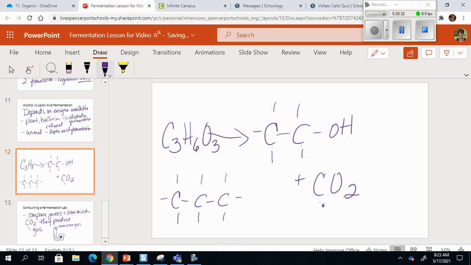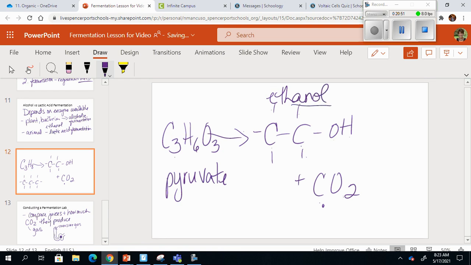Perfect. So I want half of the glucose molecule that we start with there. All right, so let's erase this part. I want a pyruvate. So I'm labeling this as my pyruvate. And I'm going to make ethanol. So remember, eth for 2 carbons, enol because it's an alcohol. There's the alcohol functional group right there. And then this is carbon dioxide.